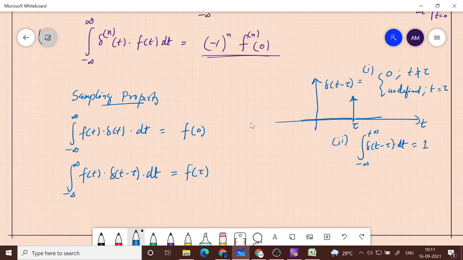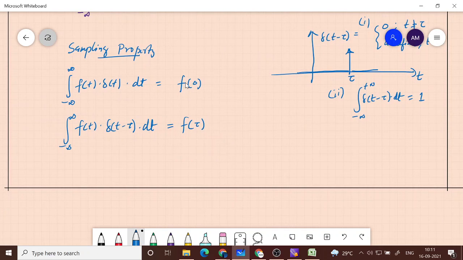Yes, sir. Okay, so now this property, I think we have proved it, maybe only for the first case, but we can prove it for the other case also. This delta function of t minus tau, as I have plotted it here, is 0 everywhere except at t equal to tau.